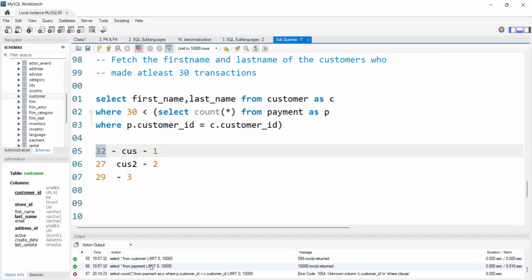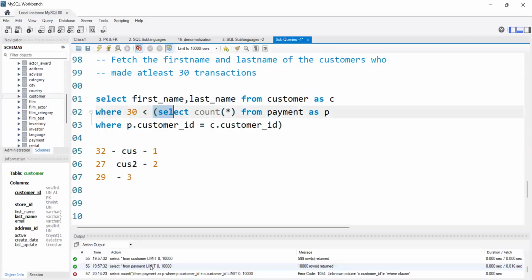See, now we practically saw the output. We know that customer ID 1 has 32 transactions and customer ID 2 has 27 transactions. We didn't count it from here, but let's see if, when I execute this query, it displays this or not. According to the question, it should display my first customer name and it should not display my second customer name, because I want to display customer details of those who made at least 30 transactions.